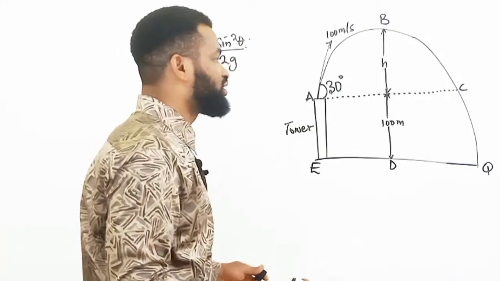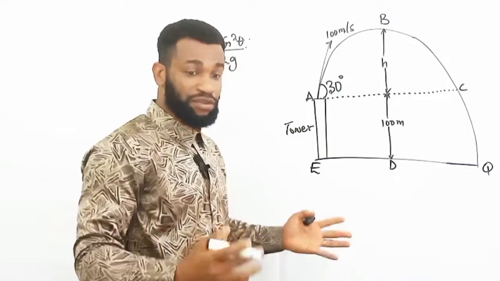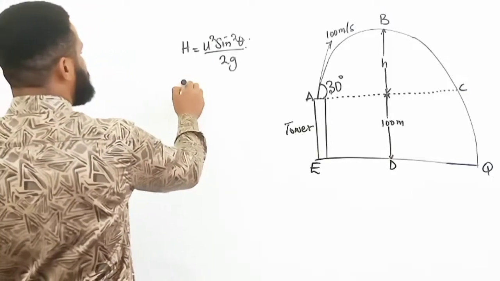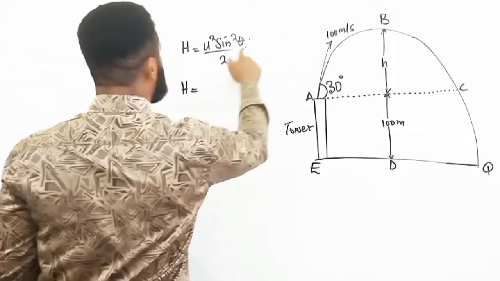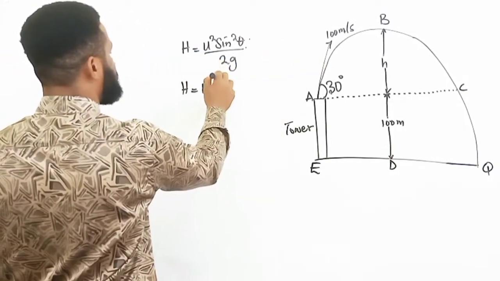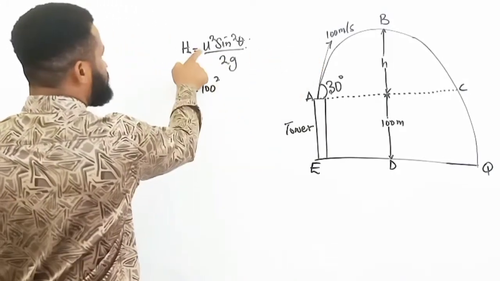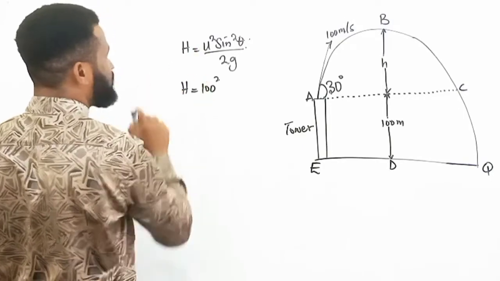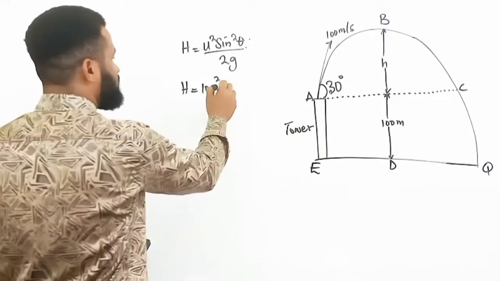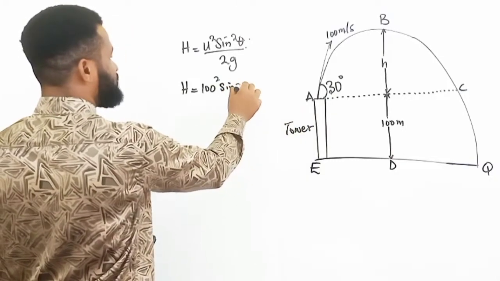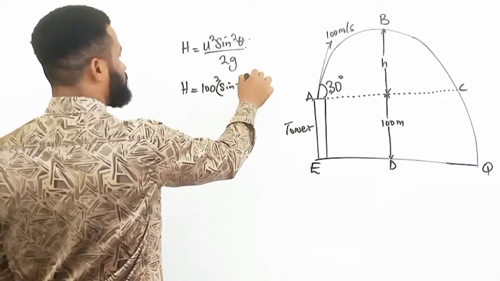You can also look at a video. I've done videos on projectile motion. This is 100 squared. U is 100. Now, this u is squared, that means 100 will be squared, times sine 30 degrees all squared.